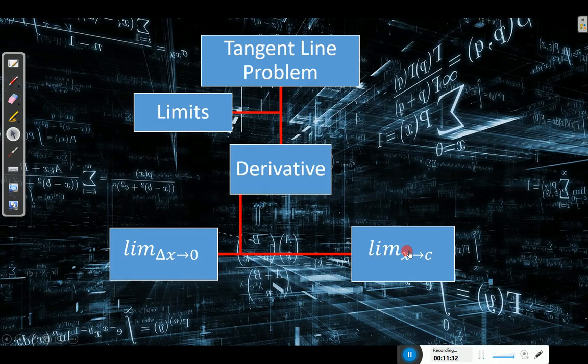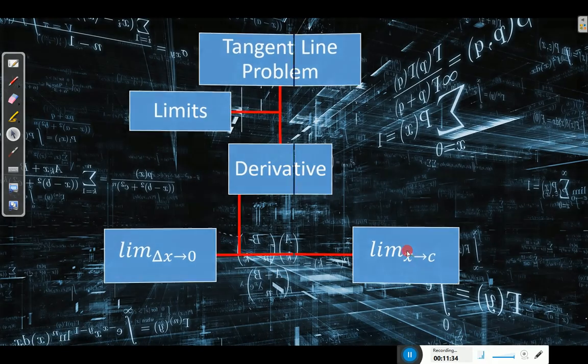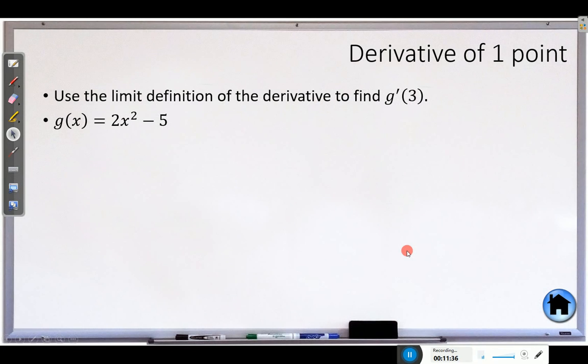What if we look at the derivative at a single point? The definition can still help us there. So use the limit definition to find g prime at 3. All right, so g prime at 3 is going to equal the limit.